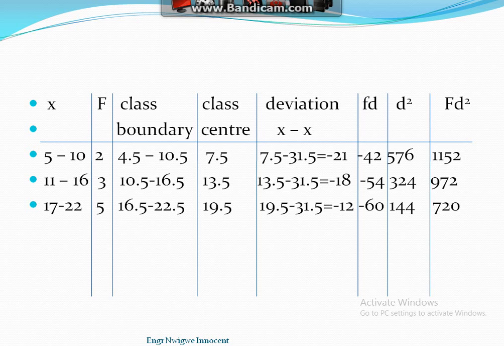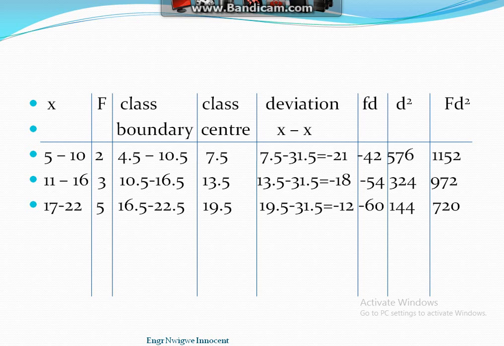The class center will now become 17 plus 22, the sum of the weights divided by 2, which will give us 19.5. The deviation is the class center minus the assumed mean, so 19.5 minus 31.5, which gives us minus 12.